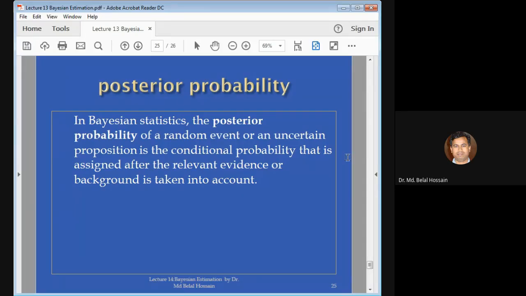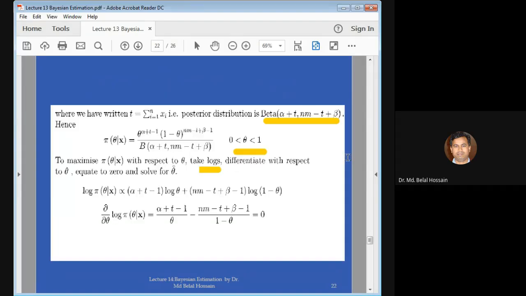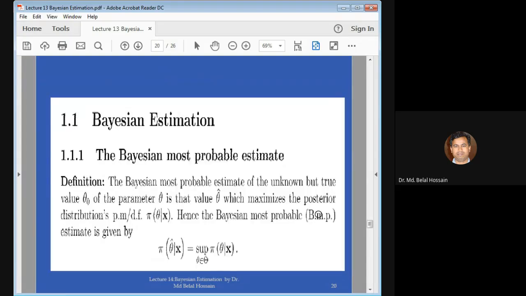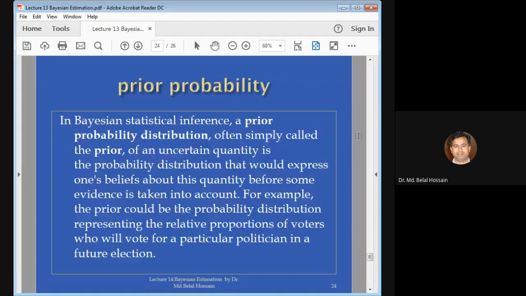So when you calculate the probability by multiplying the likelihood function and the prior, this is the conditional probability as in Bayes theorem. Hence the name Bayesian estimation, as this is coming from the Bayes theorem. Do you have any question?